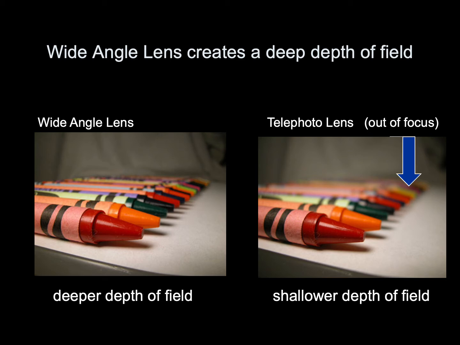You can take a look at the negative space or the shadows under the crayon to help establish what's in focus. Compare that to the telephoto lens composition on the right, the shallower depth of field, where really only 2 crayons are clear, sharp, and in focus.